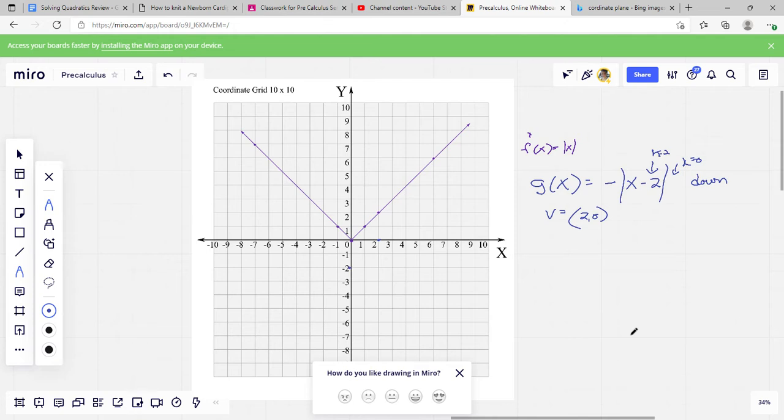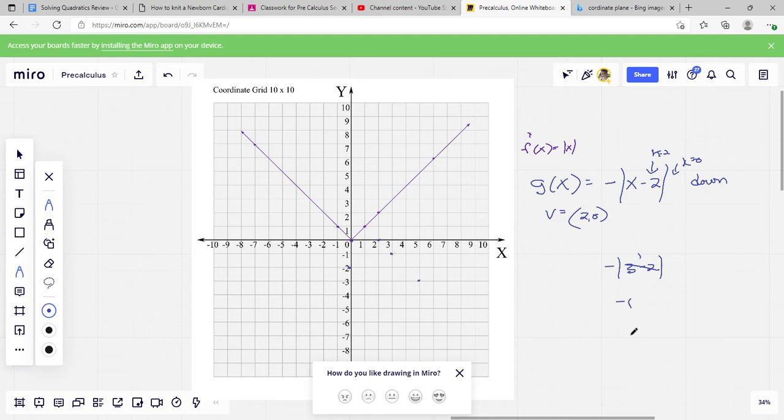There we go. So we move down 1 over 1, down 1 over 1. Right, and we could put some values in there. Let's say that x was 3, so we would have negative absolute value of 3 minus 2. 3 minus 2 would be 1, so negative 1.